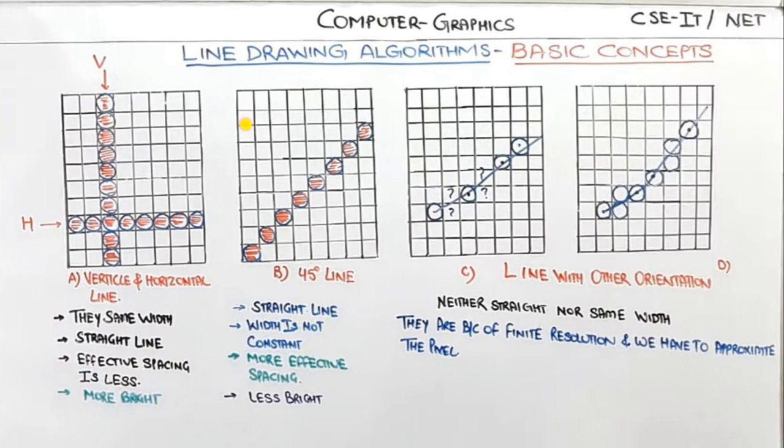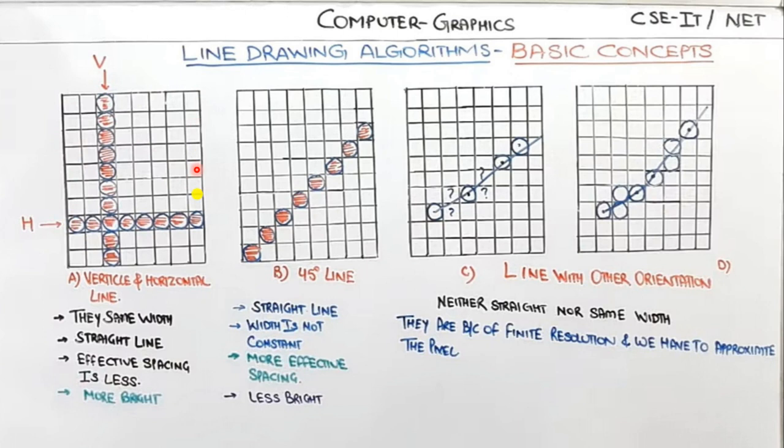Grid means rows into columns, and in the grid, in each cell, the pixels will be there. I told you that the pixel shape may be a dot or circle, a rectangle, or a square. Here I have taken the circle shape. I'm talking only about the raster scan display.